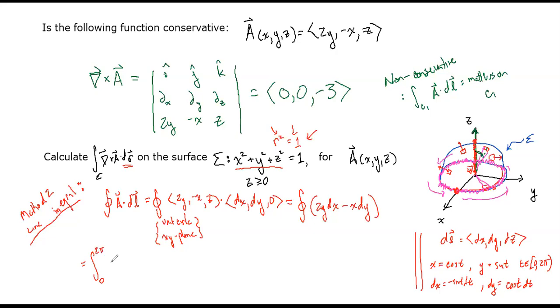So 0 to 2 pi, we go all the way around to, consulting my dictionary, y is sine of t, dx is minus sine t dt, x is cosine of t, and dy is cosine of t dt. Okay, you can factor out the dt's, you can collect some terms.